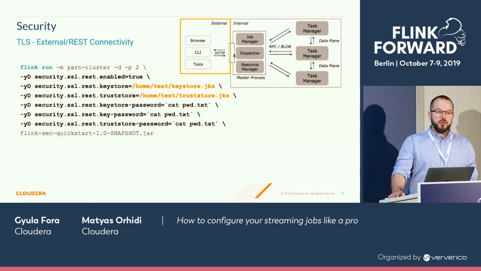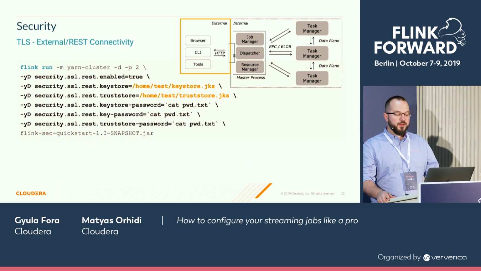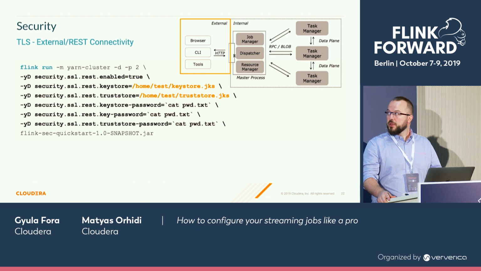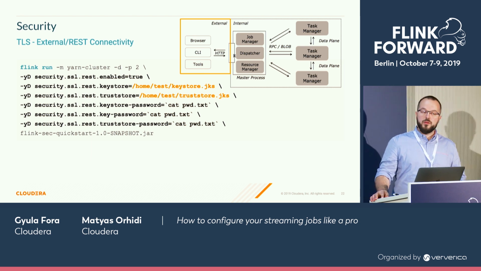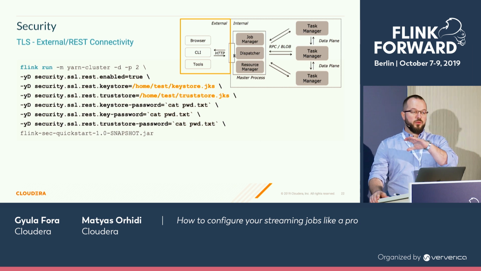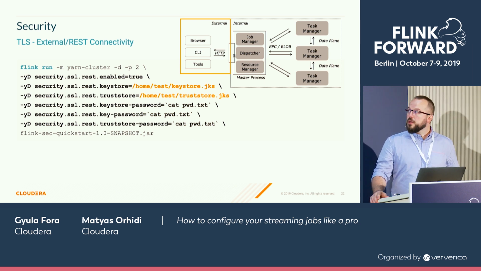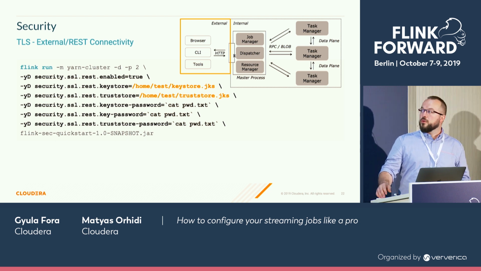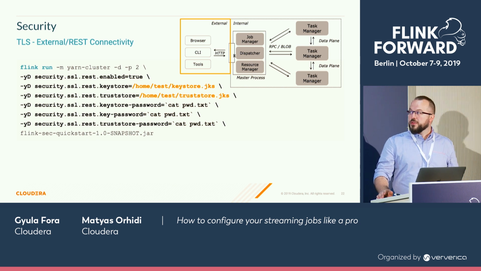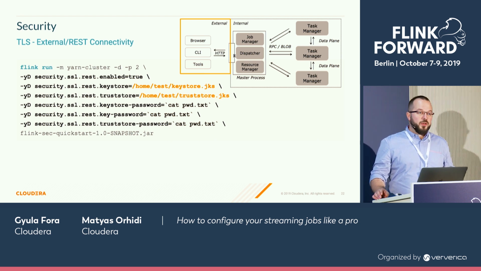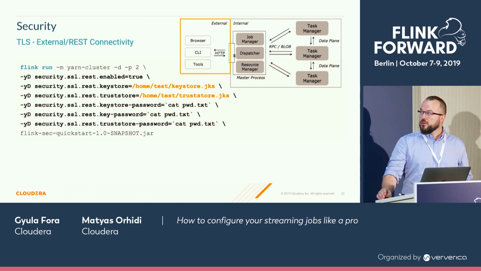The external connectivity is also protected by TLS. Configuring external protection is not that straightforward because browsers also access the external endpoints. So, for example, if you want to log into your Flink console that is protected by a keystore, you have to somehow trust that certificate, and so the signing certificate that is usually installed in a truststore has to also be installed in your browser.